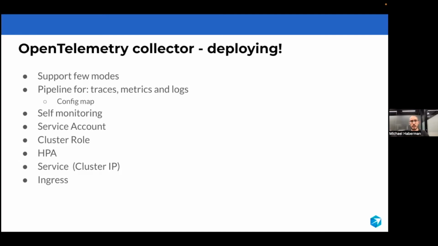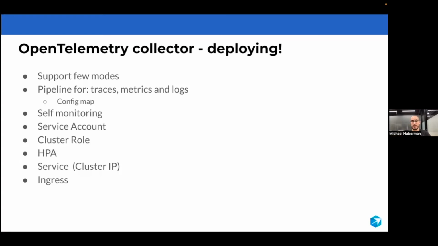And configuring the OpenTelemetry Collector is not a one-time effort. It's changing, it's live. As you move to production, you understand you need to tweak this configuration, and now you want to have the metrics exported to another place. So you're changing it all the time. So it's a very good and easy way to configure it.